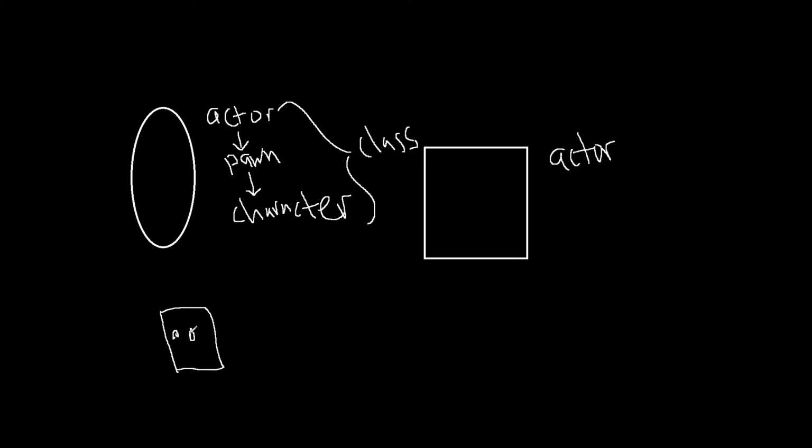Obviously an enemy would be an actor of type pawn, controlled by an AI character or something, or maybe another player. You could have a door be an actor, right? And that actor itself could have one mesh here for the door, and then maybe another mesh for the frame.